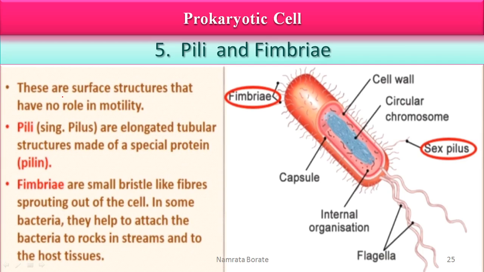Next are the pili. These are surface structures that have no role in motility. The pili are elongated tubular structures made up of a special protein called pilin. They are small bristle-like structures, bristle-like fibers sprouting outside the cell.